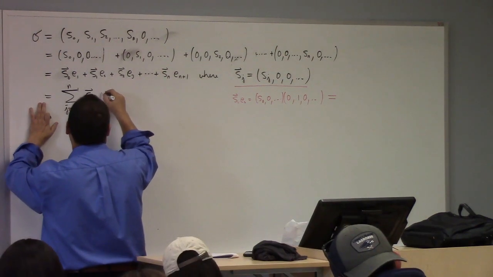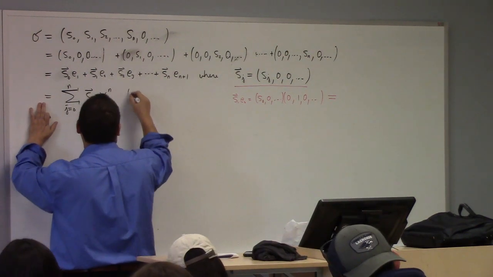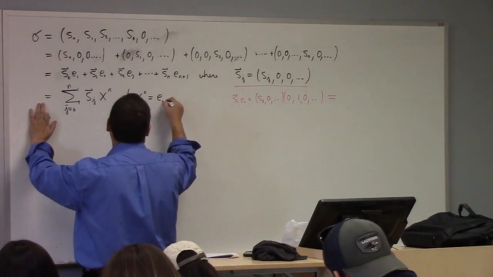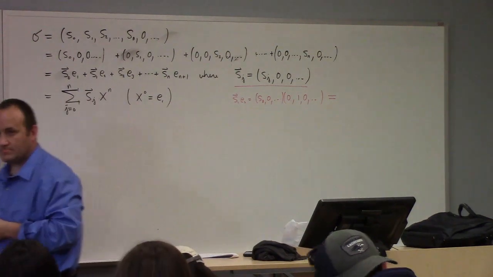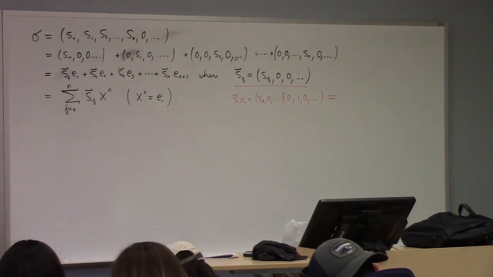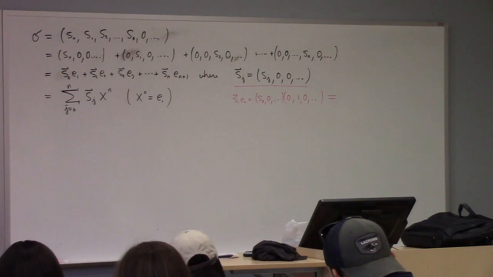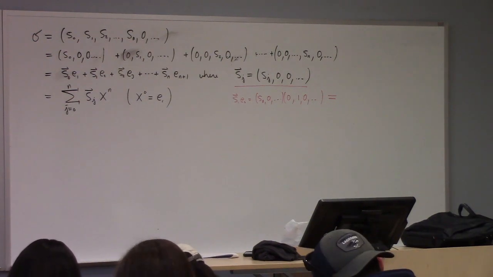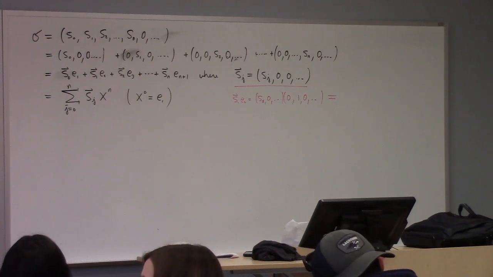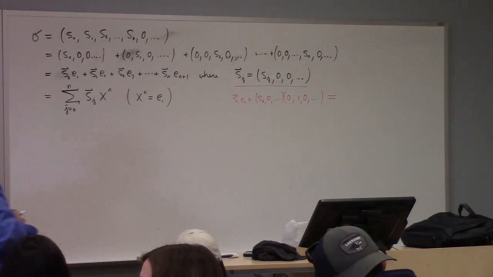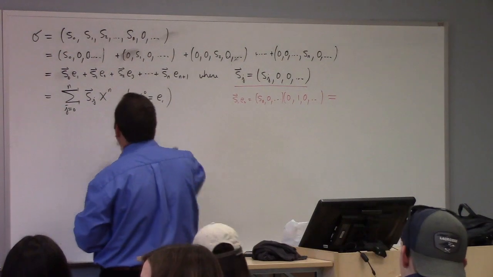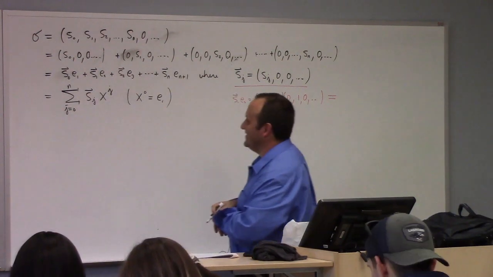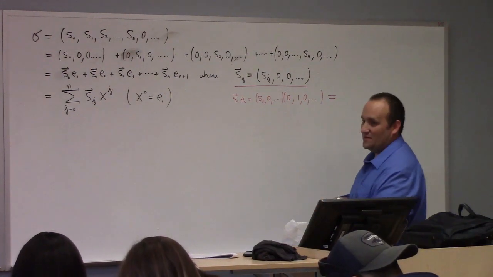We've got x to the j, where we have the convention that x to the 0 is equal to E1. Thank you.